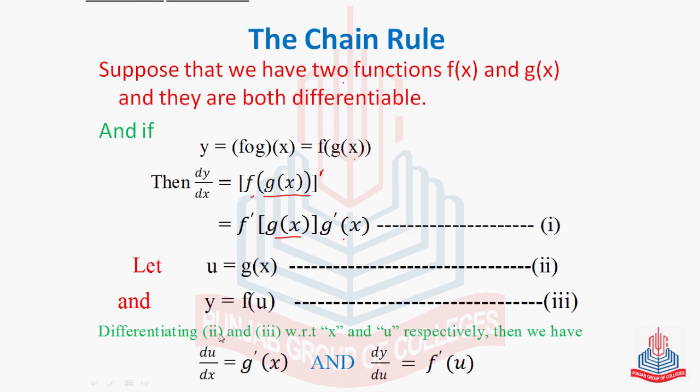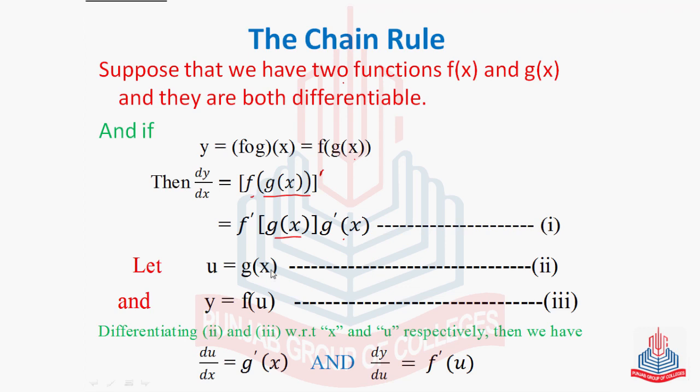Now differentiating 2 and 3 with respect to x and u respectively, as we have u is equal to g of x, so we can say u is a function of x, so the derivative will apply on u with respect to x. Whenever we calculate the change in u, it will be differentiated with respect to x.